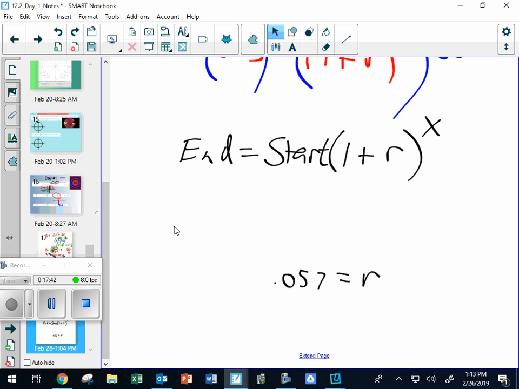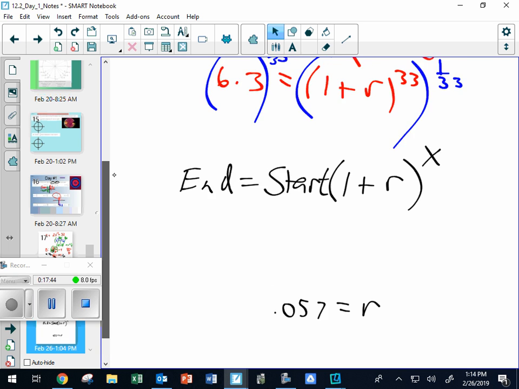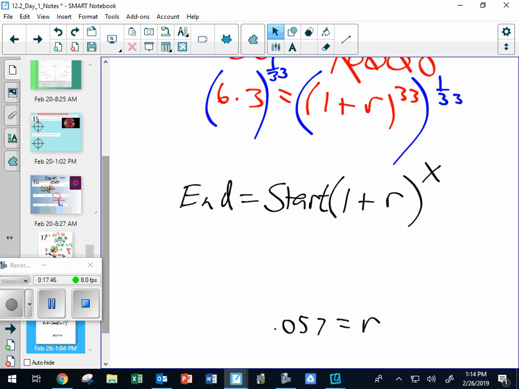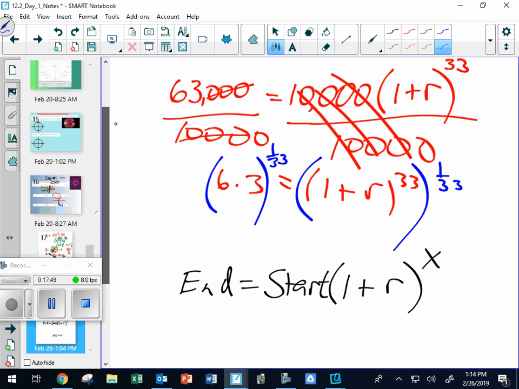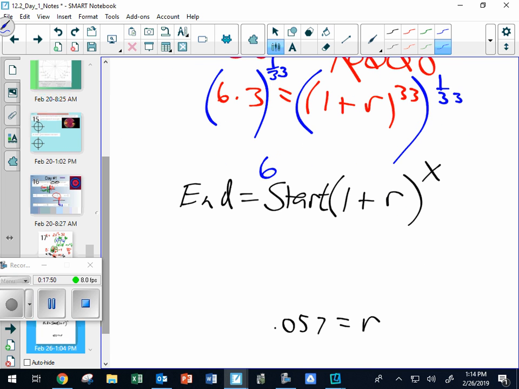Would you please figure out what the cost of St. Olaf would be 30 years from now? If the current start value is $63,000, I want to know what it'll be when your kids get there. I said it was 30 years from now and a 5.7% interest rate, or rate of increase.